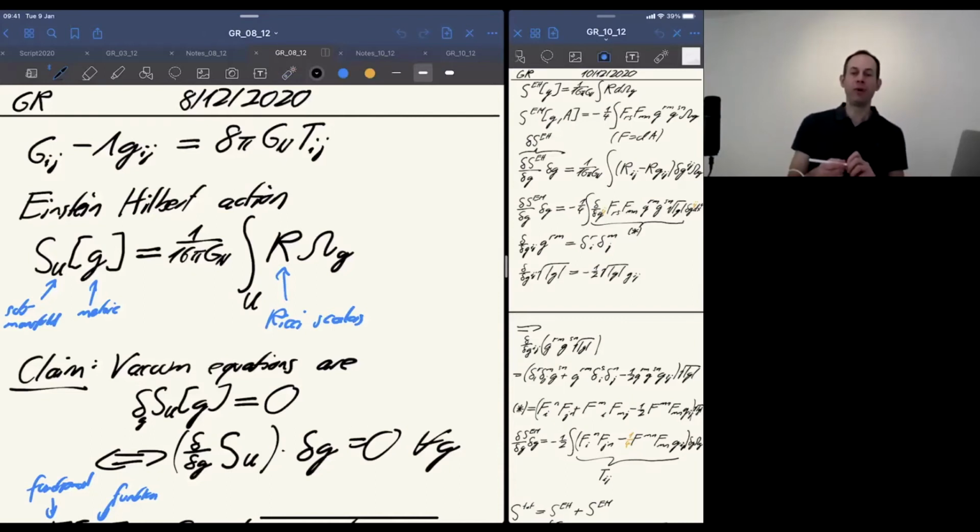There are lots of debates about how we should even define the energy of a gravitational field. The problem is that normally when we talk about energy, we say there's a region somewhere in space, we cut it out and talk about the energy there. But here we are talking about the energy of space itself, which makes it somehow circular.